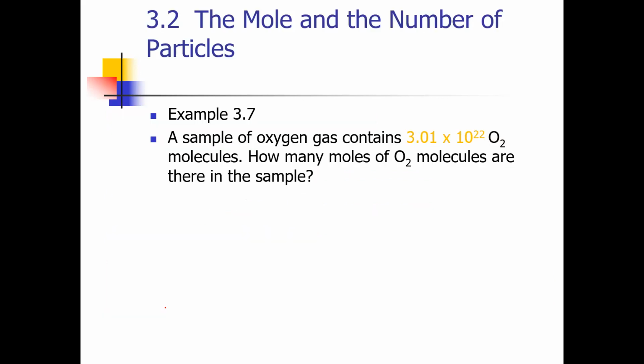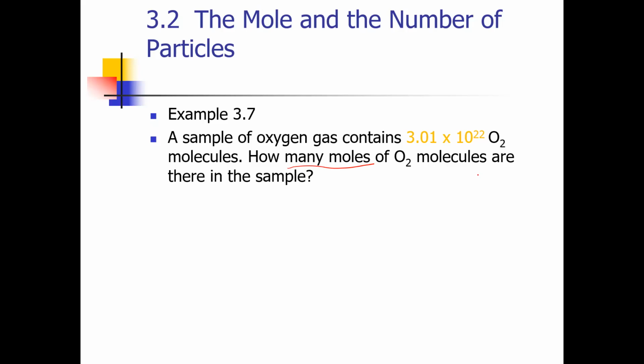This one is just repeating whatever I keep telling you, so you don't worry about it. Let's do the question. A sample of oxygen gas contains 3.01 times 10 to the power of 22 oxygen molecules. How many moles of oxygen molecules are there in the sample?